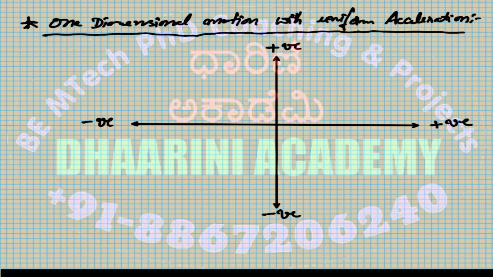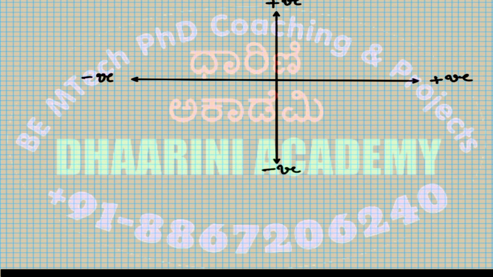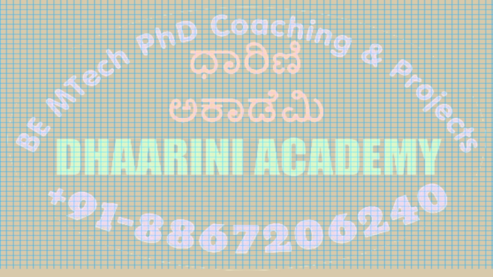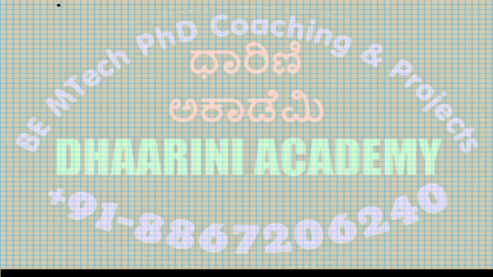And now we'll write the equations. The equations corresponding to the 1D motion with uniform acceleration are as follows. The first equation is V = U + AT.